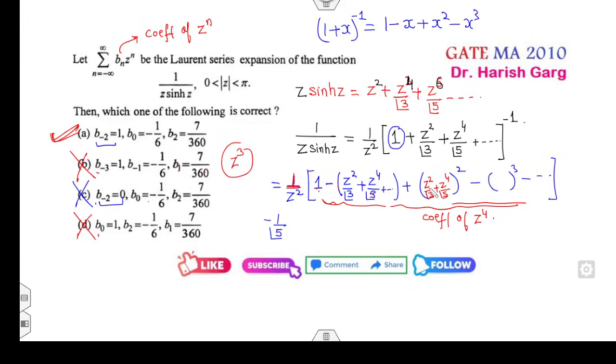Yes, the first term you will get, plus 1 over 3 factorial square, and inside this there is a cube, in a cube you will never get a 5. So the answer will be minus 1 over 20 plus 1 over 36. So if you take 360 as the LCM, it is minus 18 plus 10, that is minus 7 divided by 360. Yes, A is the right answer of the problem.